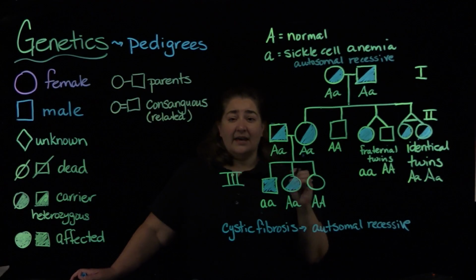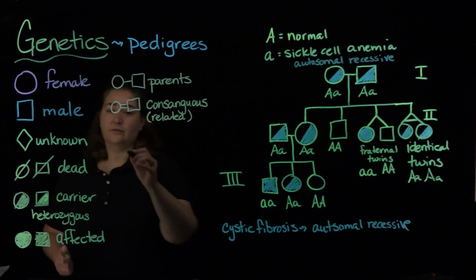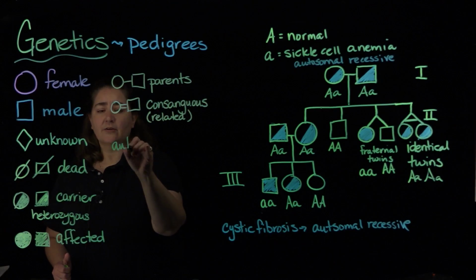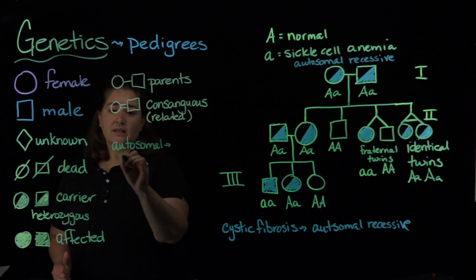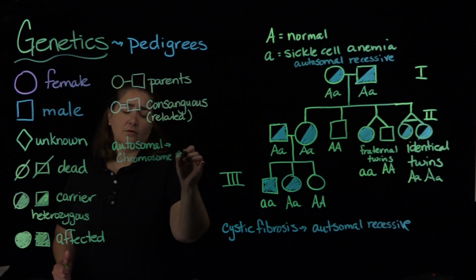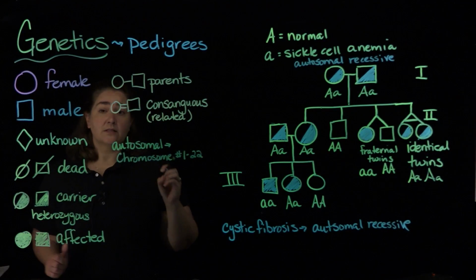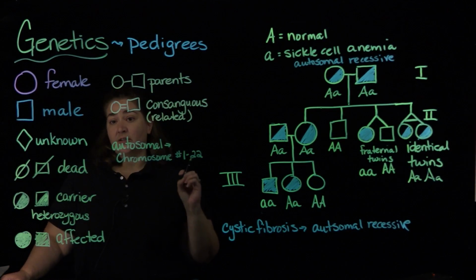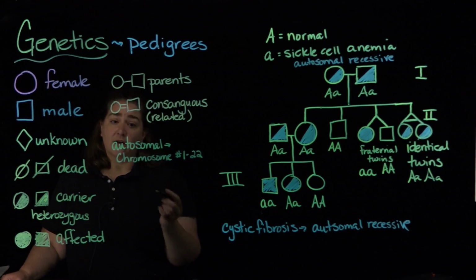And that autosomal, I'm going to define that for you now. When we're talking about a trait that's autosomal, it's going to be on chromosomes 1 through 22, which means they're the chromosomes that all human individuals would inherit. That's what it means to be autosomal.